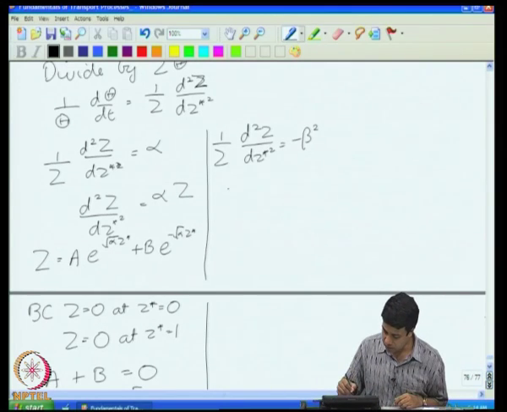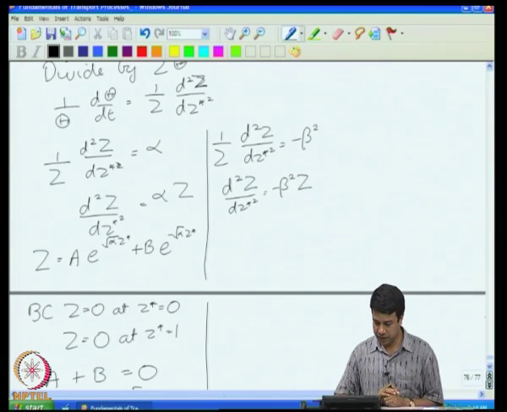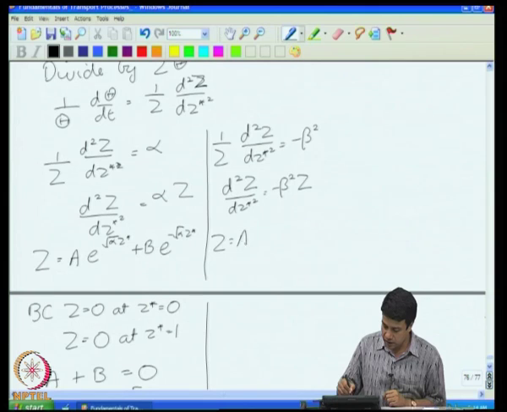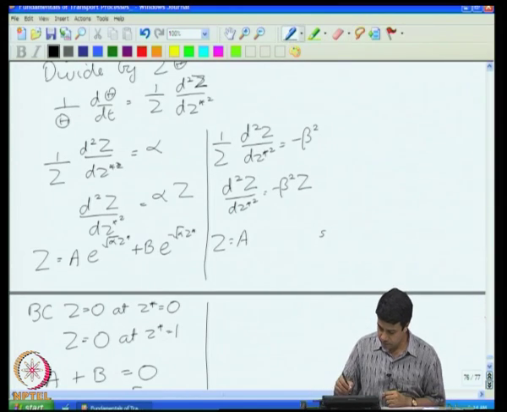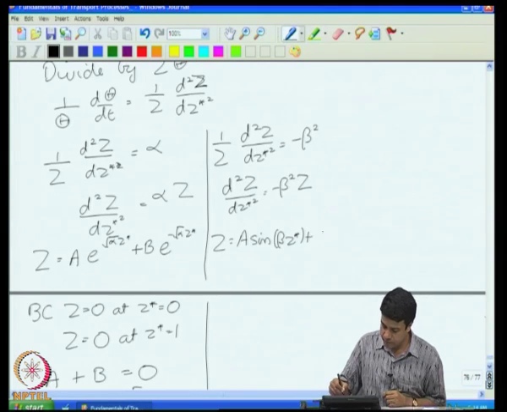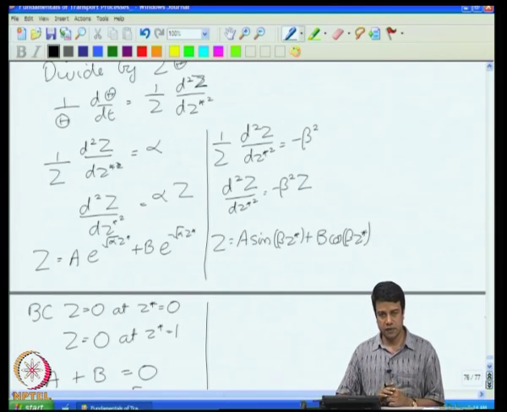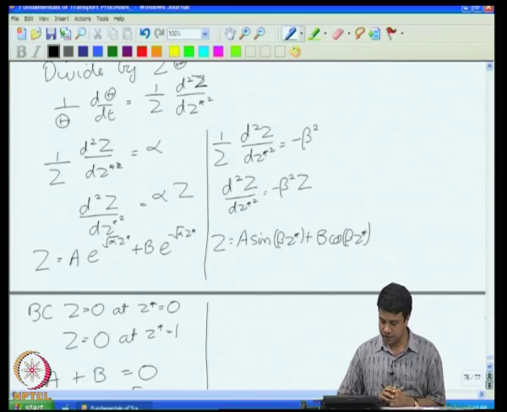The equation reduces to d square Z by d z star square is equal to minus beta square Z. The solution for this is Z is equal to a cos beta z star plus b sine beta z star, a sine function and a cos function. So, the solution is a combination of a sine and a cos function.